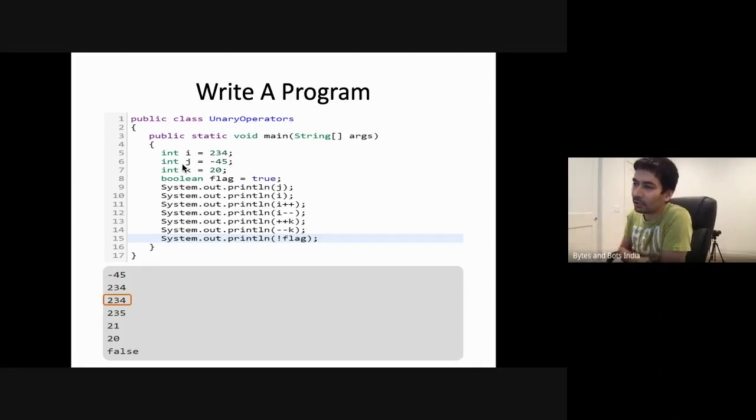But in the next line, it first prints, so it replaces the I++ with the value of I and then increments it to the next number. So in line 11, it still prints 234, but at that point, the value of I is 235 in the memory. So that's the right answer actually.